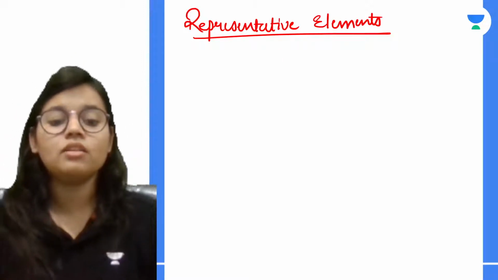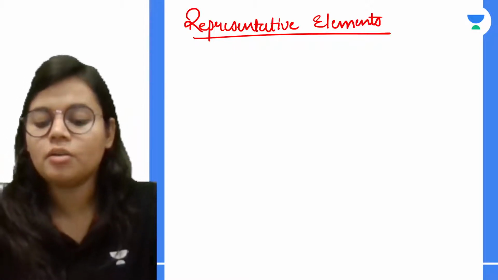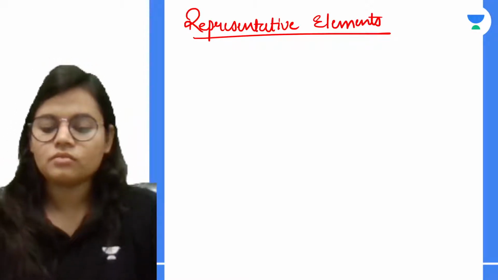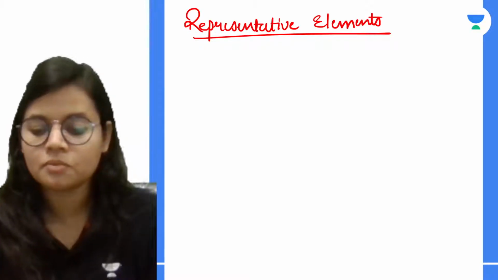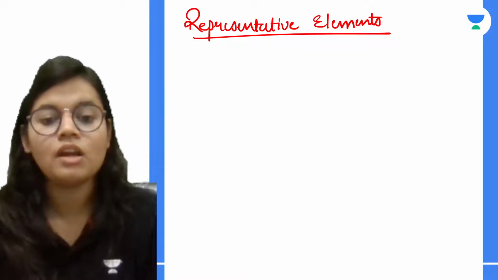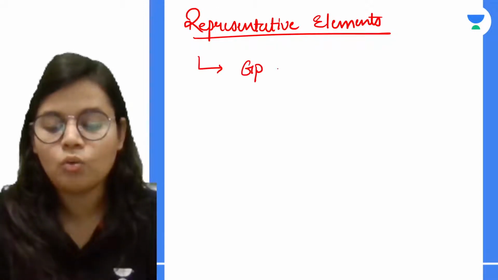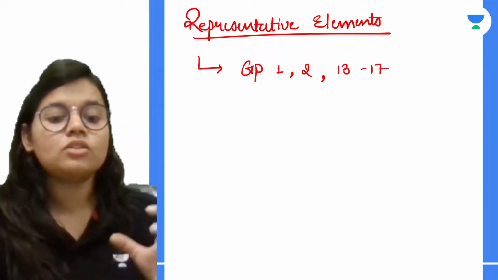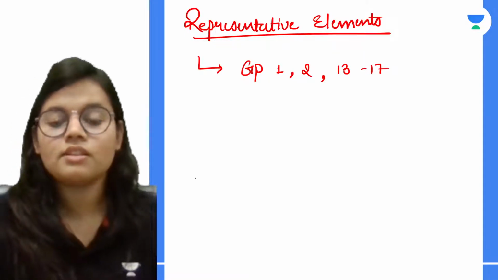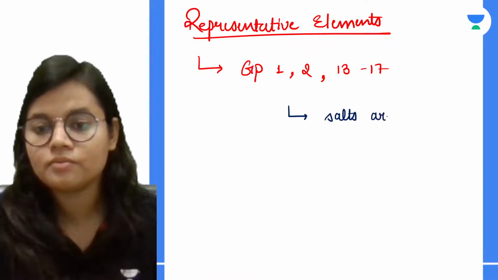Can anyone tell me which groups contain representative elements in the periodic table? Yes, guys, anyone? So, representative elements are present in group number 1, 2, 13 to 17. Okay. Now the salts of these representative elements generally are colorless.